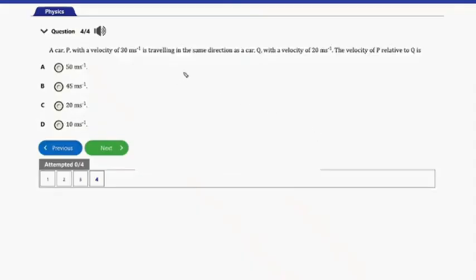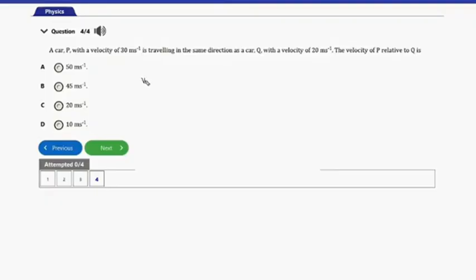So the next and last question we have here, question number 4, says a car P with a velocity of 30 meters per second is traveling in the same direction as a car Q with a velocity of 20 meters per second. The velocity of P relative to Q is. So guys, let's note that these two cars are traveling in the same direction.